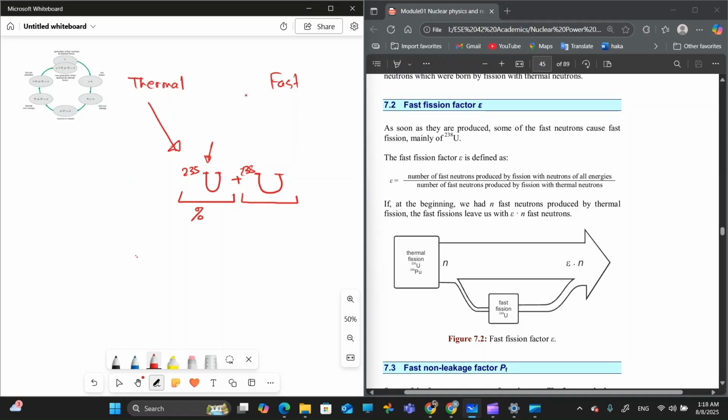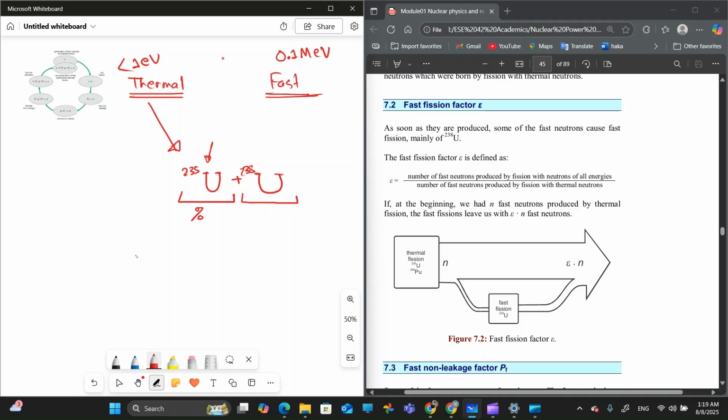Okay, and what is a thermal neutron? A thermal neutron has less energy than 1 electron volt. And fast neutrons have energy more than 0.1 mega electron volt. That means they're very fast. These fast neutrons usually don't take part in fission reaction, but they do to a very little extent, and we will study about this later.